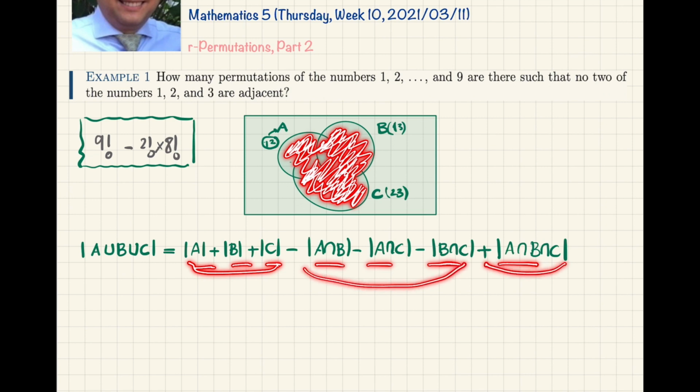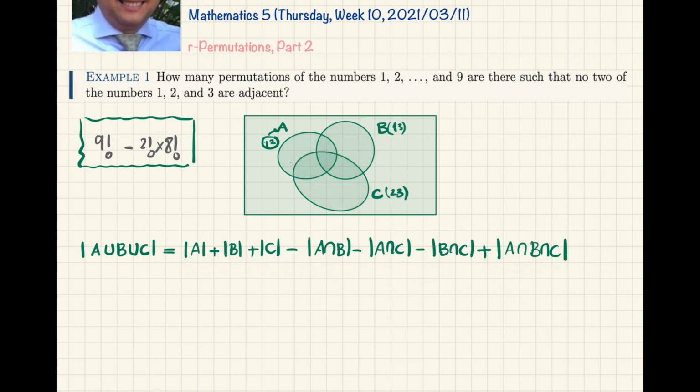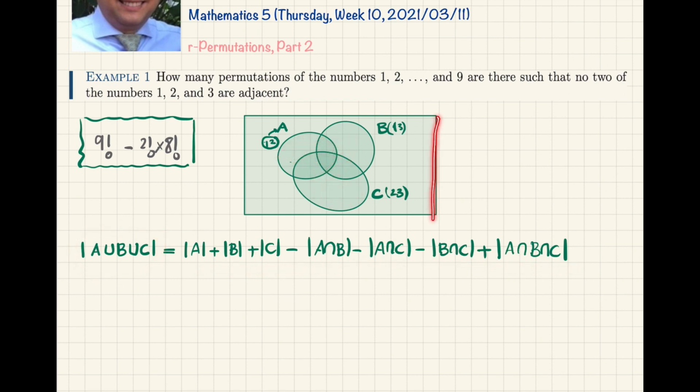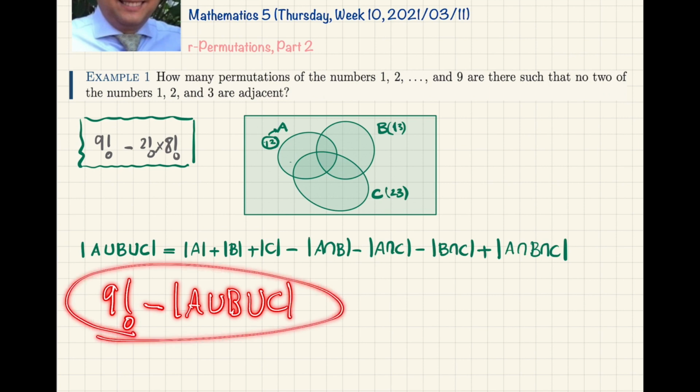So this is why it's called inclusion and exclusion principle. Okay, I have to calculate a lot, 1, 2, 3, 4, 5, 6, 7 parts, then do them in this way. It will give me the number of elements in these sets, and then the total elements in this rectangle is 9 factorial. After that, I want to calculate this difference between this and that cardinality. Then I will definitely get my correct answer.